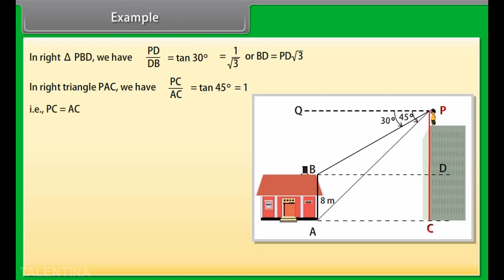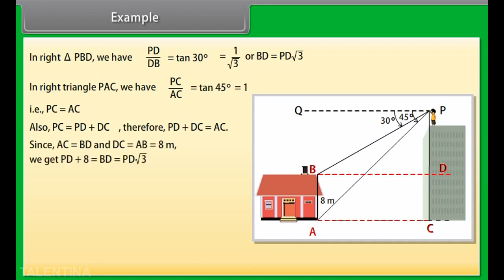That is, PC is equal to AC. Also, PC equals PD plus DC. Therefore, PD plus DC is equal to AC. Since AC is equal to BD and DC is equal to AB, which equals 8 meter, we get PD plus 8, which is equal to BD, which equals PD square root 3.